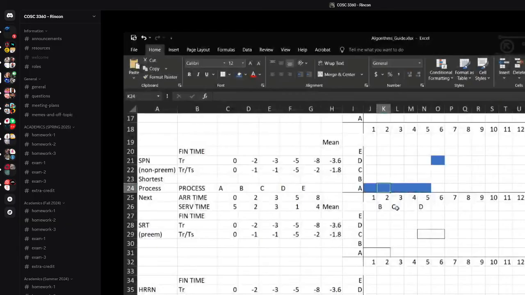Then B gets introduced in the queue. That's how I understood it, but it really doesn't matter. As long as it makes sense to you, whichever process is in the queue, it really does not matter.